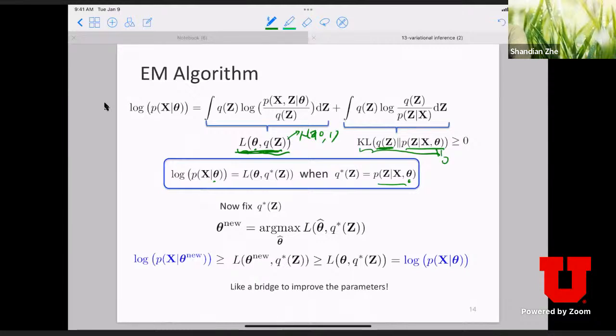This structure allows us to maximize the lower bound to improve the model evidence, because our goal is to estimate the model parameter theta. We want to iteratively increase this log model evidence to learn our model.